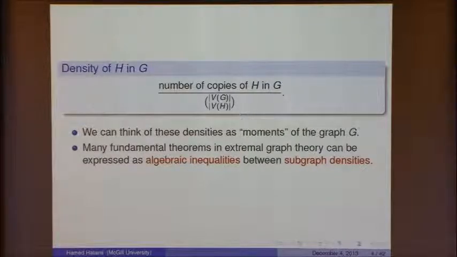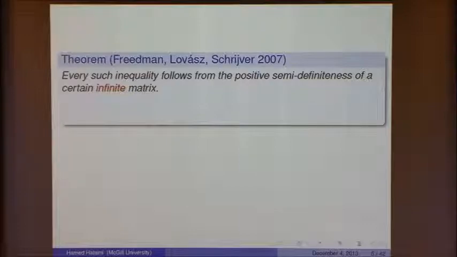If you look at the literature of extremal graph theory, you see that many of the results in this area can be interpreted or rewritten as inequalities between subgraph densities for small graphs, such as Mantel's theorem, which I'm going to mention later.